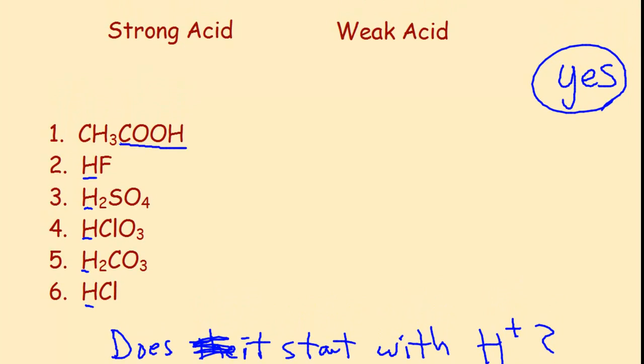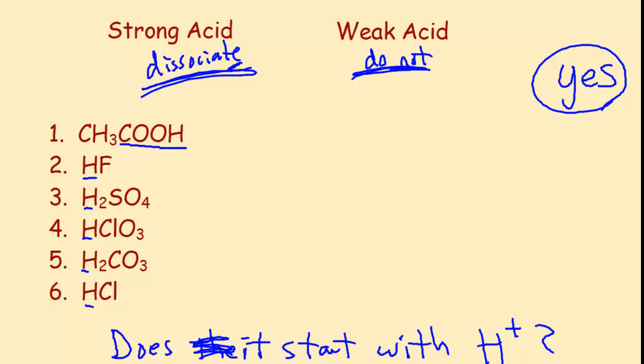Strong acids dissociate. So if we're going to do a net ionic reaction, every time we get a strong acid, we've got to break it apart. Weak acids do not; they stay in the molecular form. We're going to talk more about acids and bases, and we have a little bit with pH, and we know that strong acids 100% ionize. But if we're doing net ionic equations, strong acids dissociate, weak acids do not.